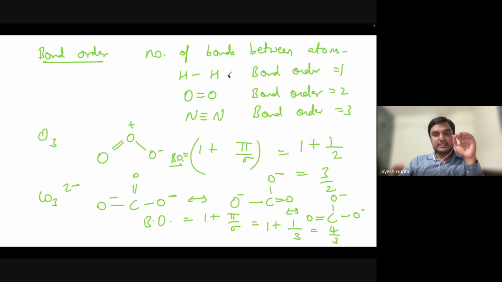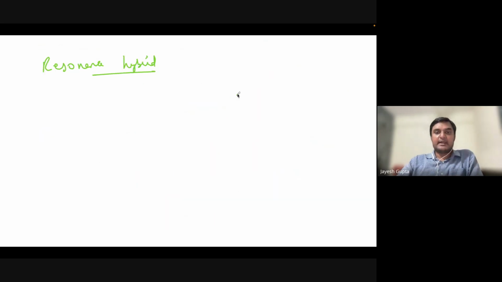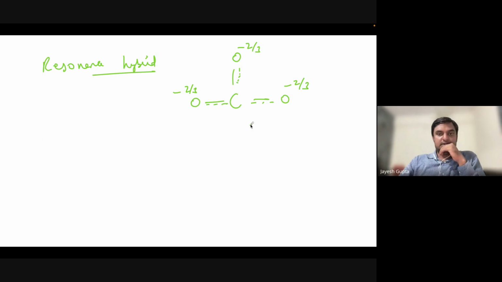And since the pi bond is also rotated between the 3, you have to draw partial double bond character across the 3. Like this one. Here oxygen, here oxygen, here oxygen. So here minus 2 by 3, here minus 2 by 3, here minus 2 by 3. So this is your resonance hybrid with respect to charges and partial double bond character.